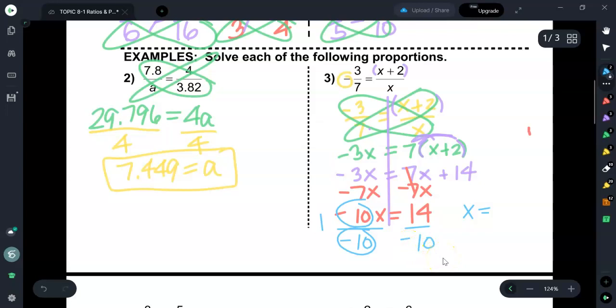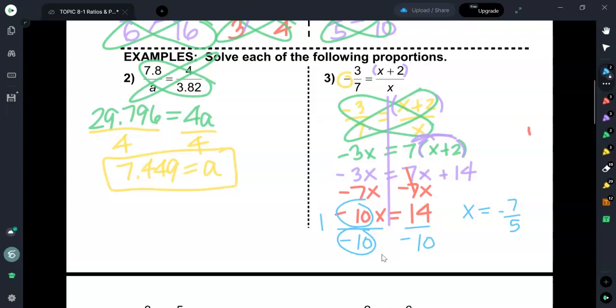So 14 divided by -10, you can write this as a fraction or decimal. When you reduce this, it's going to be negative because I have a positive 14 divided by a negative. So I'm going to have a negative answer. So that's going to be -7/5. Now, if you want to actually put this in your calculator and get the decimal answer, you can do that.